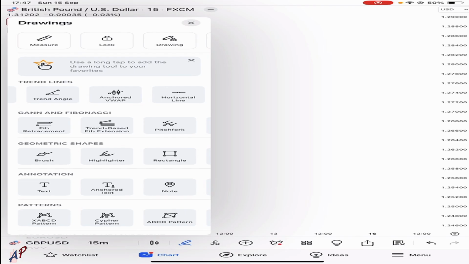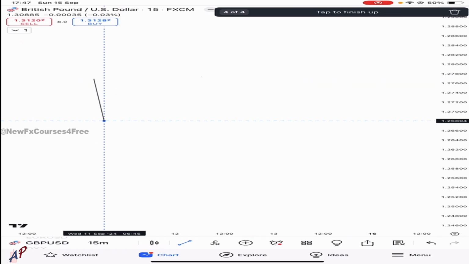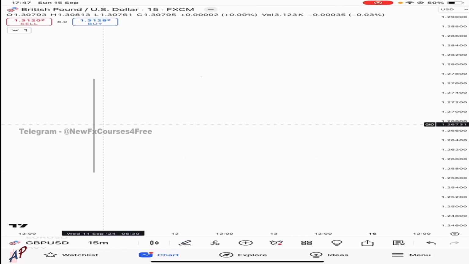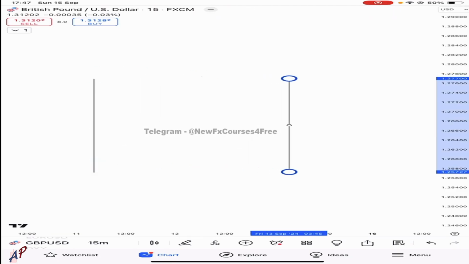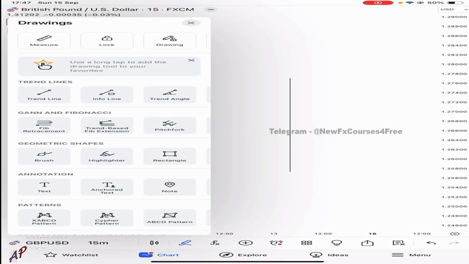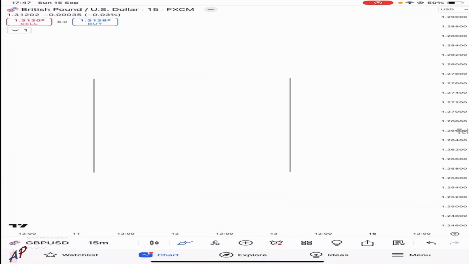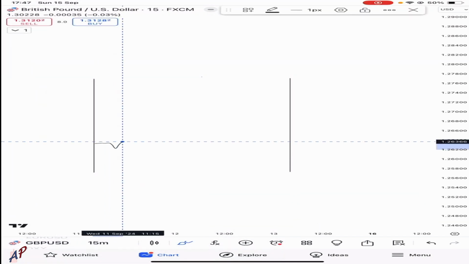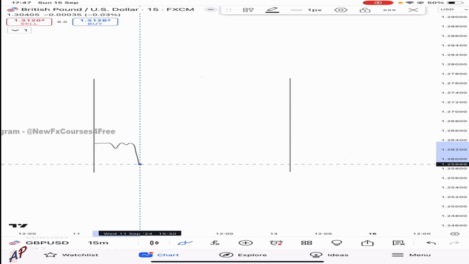So creating the bias for the 1 AM candle, you have 1 AM opening time, 1 AM closing time, so 5 AM, and then you treat the candle watching its profile.